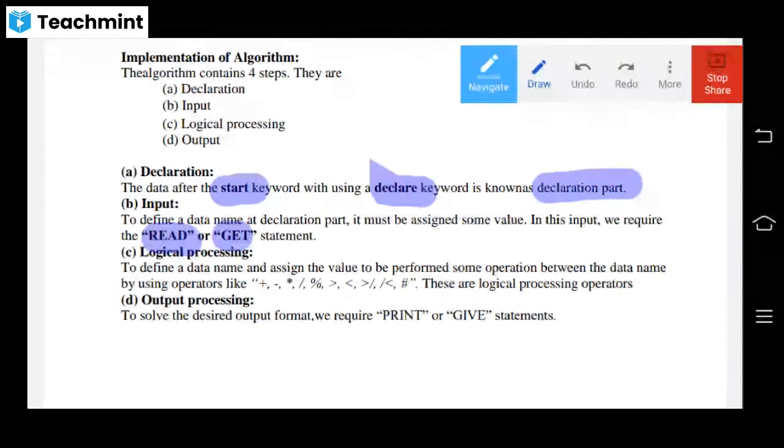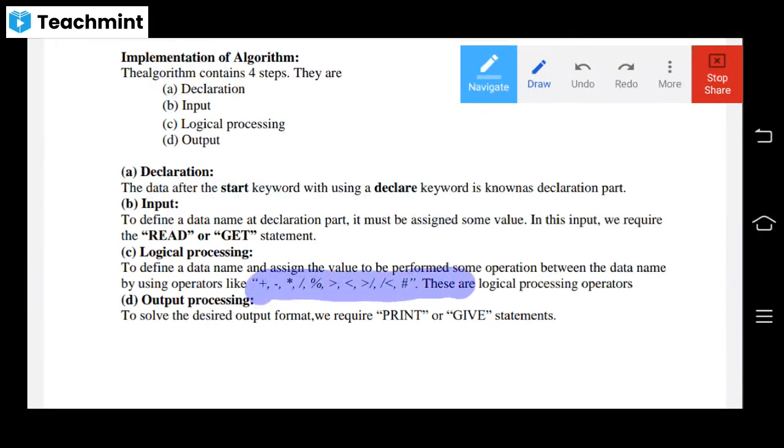Next we go through the logical processing. Here in the logical processing, we define a data name and assign some values, and also some arithmetic operations are processed here.